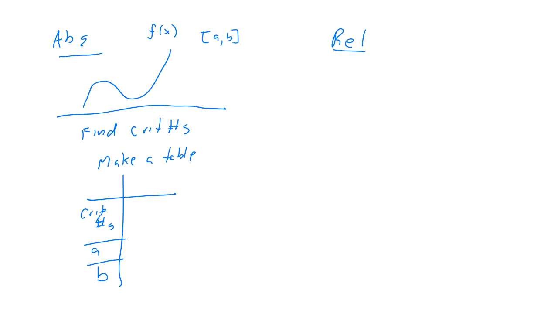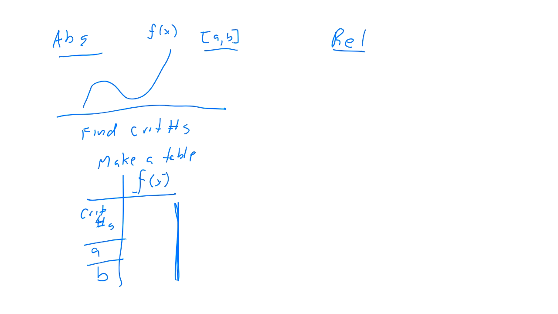The reason is that sometimes you'll end up with a critical number that doesn't sit inside the interval from A to B, in which case you just ignore that. You don't include it on your list. And then you take each of the critical numbers and you substitute it into the original function f. And then you just look down your list. Somewhere on this list, you're going to have a maximum y coordinate, and somewhere you'll have a minimum y coordinate. And those are going to be your absolute maximum and your absolute minimum.